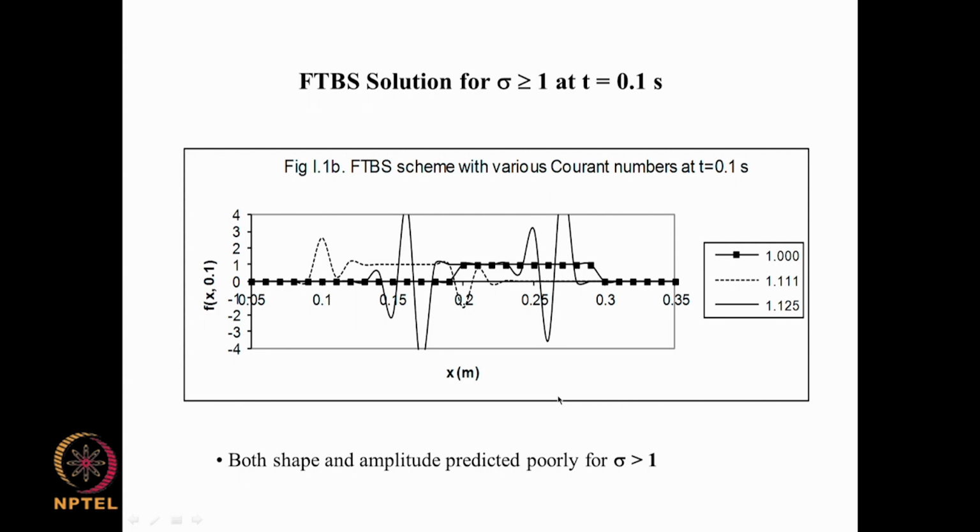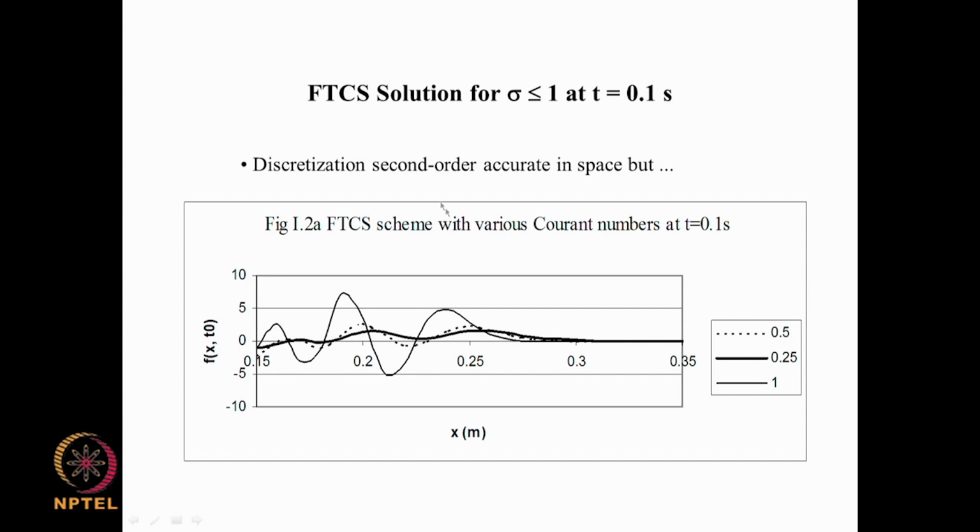Now, you look at the other one, FTCS. We expect this to be more accurate than the FTBS scheme because this is second order accurate in space here, and here we are looking again at the same time of 0.1 seconds, and again with 3 different values of Courant number of 1, 0.5 and 0.25 here, and we should be ideally getting a pulse between 0.2 and 0.3 with an amplitude of 1.